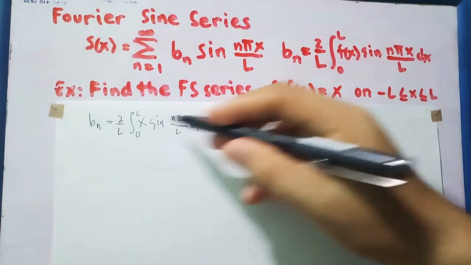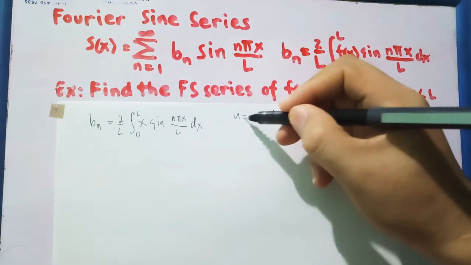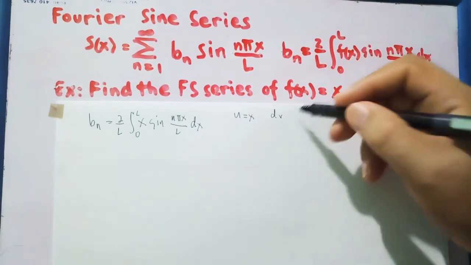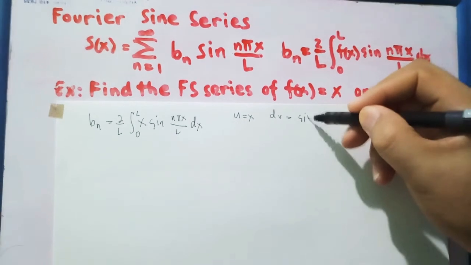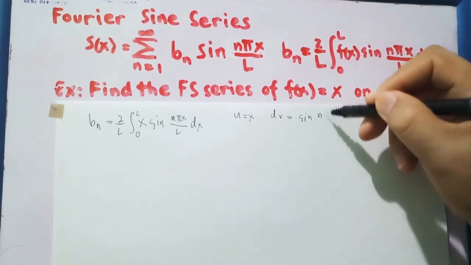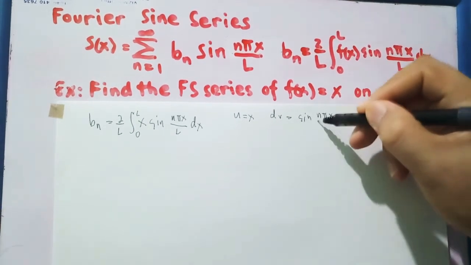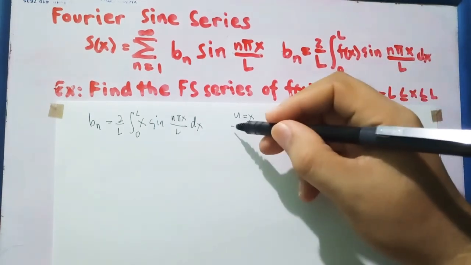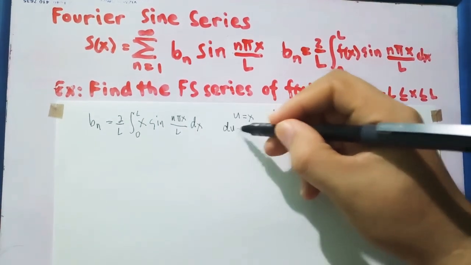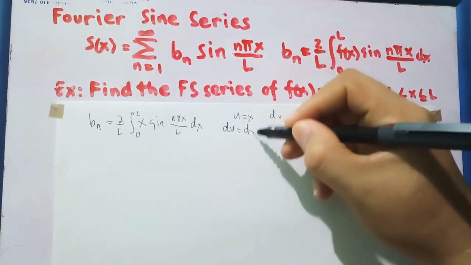For this case, our u is equivalent to x, and our dv equals sine of n pi x over L dx, so that the derivative of u, or du, is equivalent to dx.